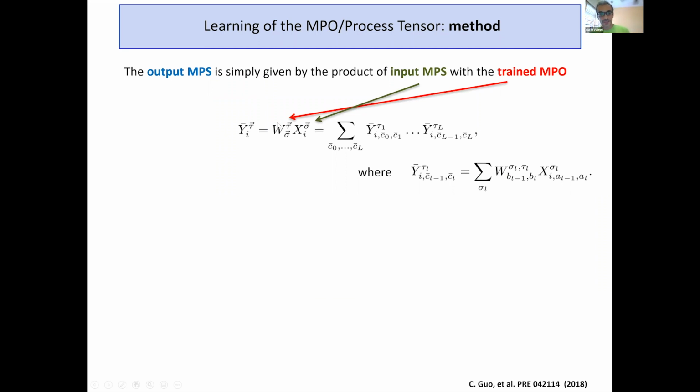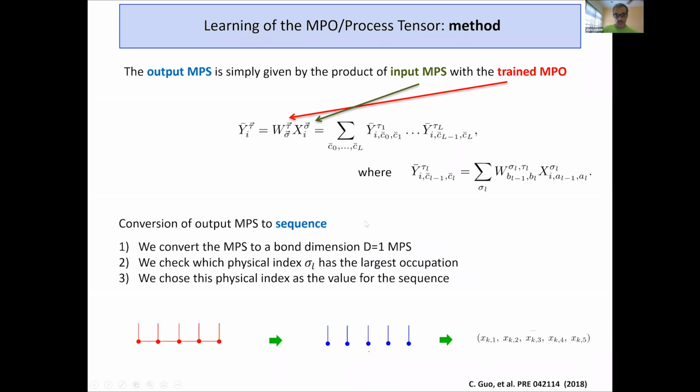Okay. And after that, you do the prediction: you have some input data, your trained MPO, you multiply it, and you get an output. And later, as I described, once we have the MPS, which has a certain bond dimension, this is a step that can be done in many ways, and various optimizations can be done here.